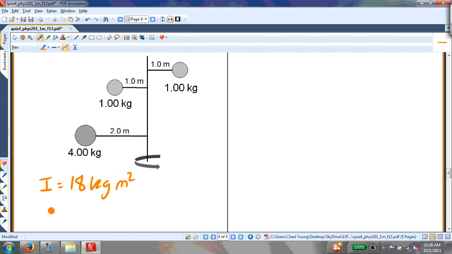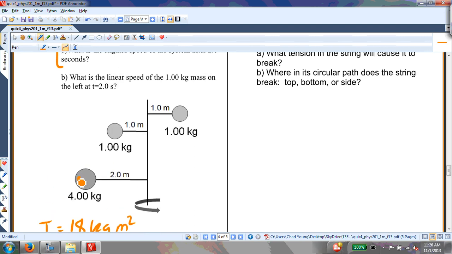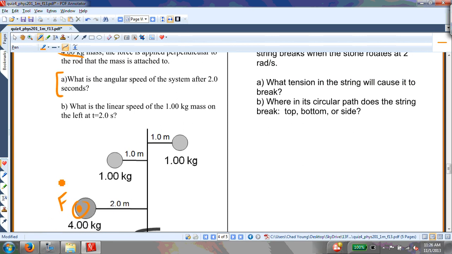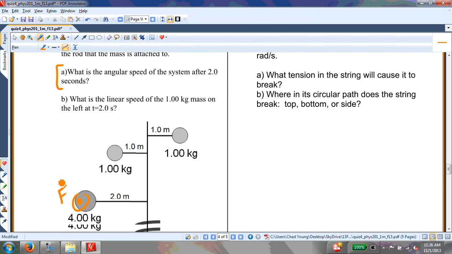My net torque, there's just one force. It's acting on that particle perpendicular. So it's like it's coming out of the page. The force is coming out of the page, pushing on that particle. And let's see, what was that force? It's 3 newtons.